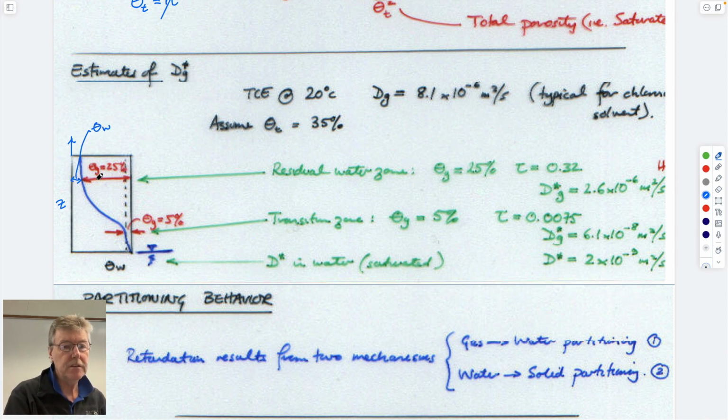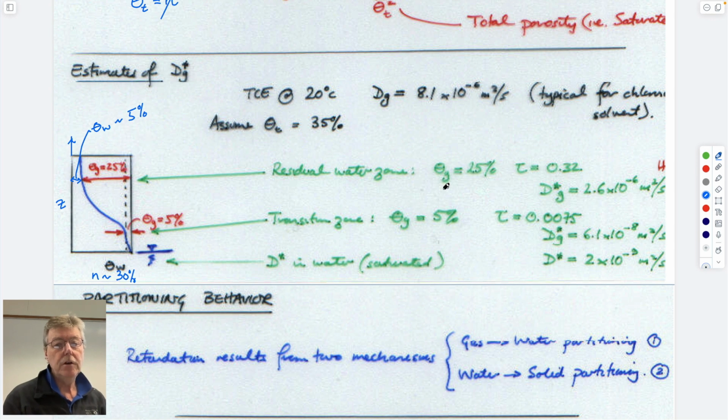This magnitude here, if you can see it, is theta G, gas content, and it looks like it's about 5%. So this means the porosity is about 30%, if this is 25 plus 5.